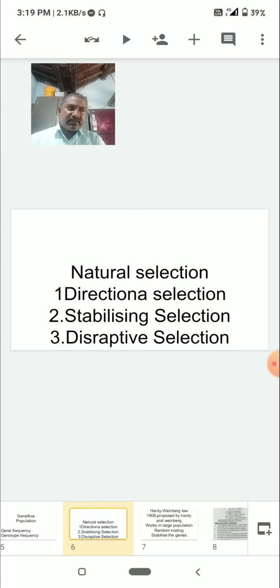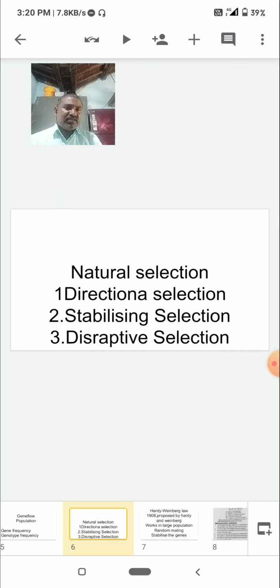In K selection, the selection is near the ecological carrying capacity. Theoretically, it is a selection for improved competitive ability rather than rapid numerical increase. So, these two selections are very important.